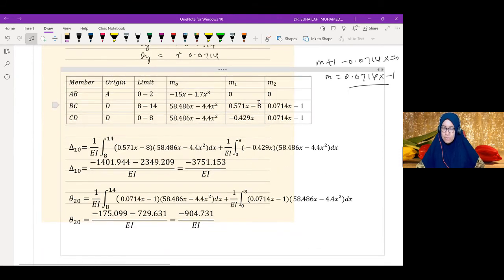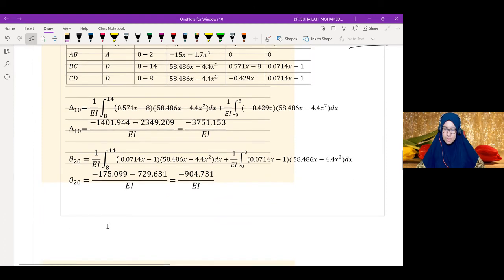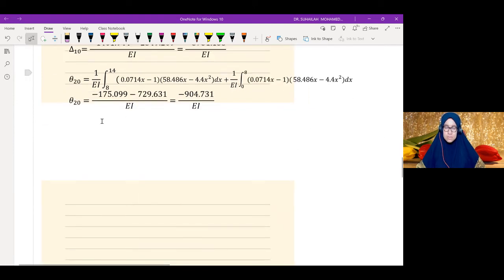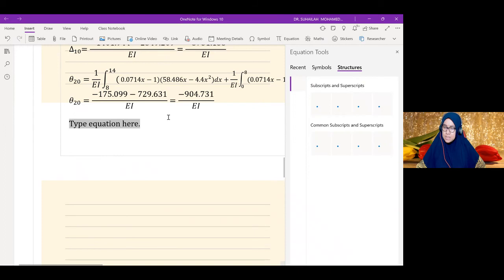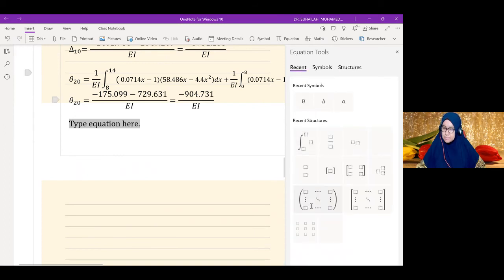So what we need to do after this is continue to calculate F11. Okay, let's continue. Insert equation. It is F11.